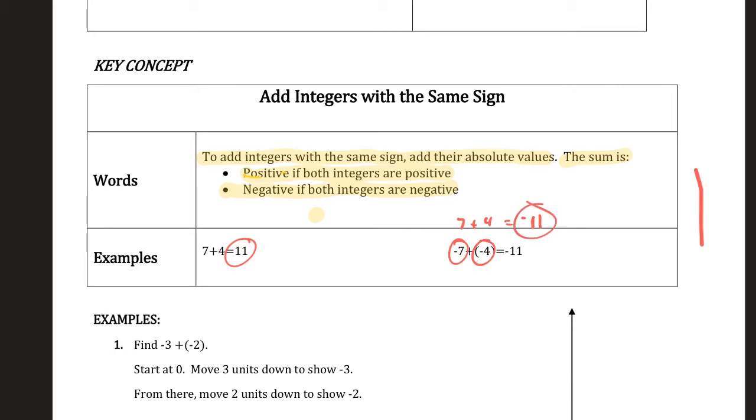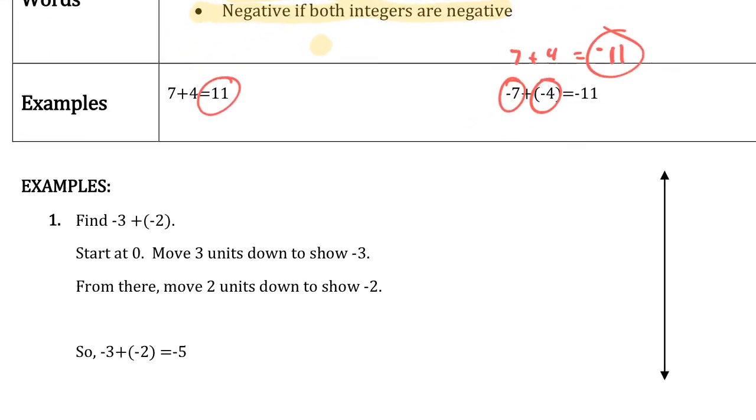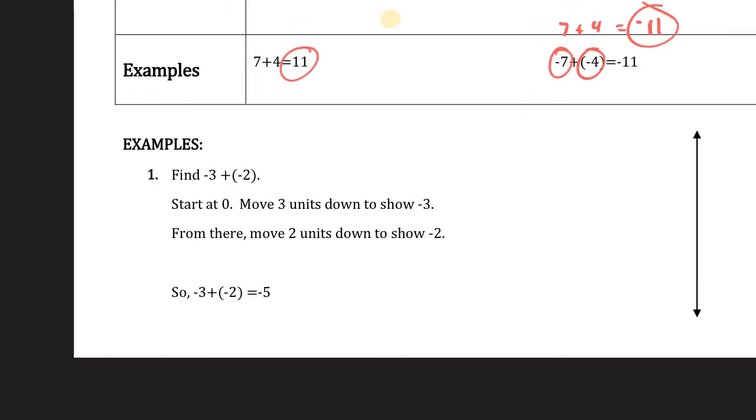Let's take a closer look at this with a number line. So I have negative 3 plus negative 2. Here's a makeshift number line.